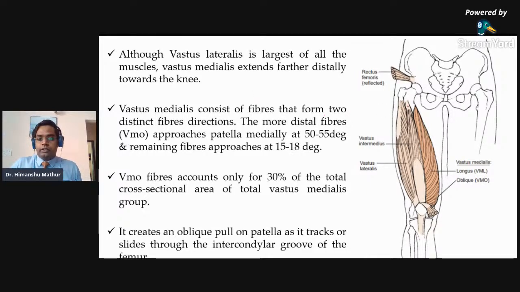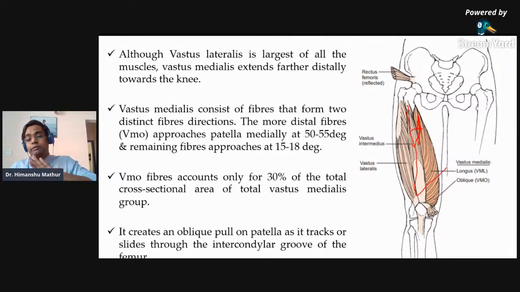Usually, the alignment of the fibers, whenever I draw an angle, just a second, I'll try to draw it. If you draw a straight line and take the angle of these fibers and the fibers located down there, those fibers are more angulated with the vertical plane, at an angle of nearly 50 to 55 degrees.